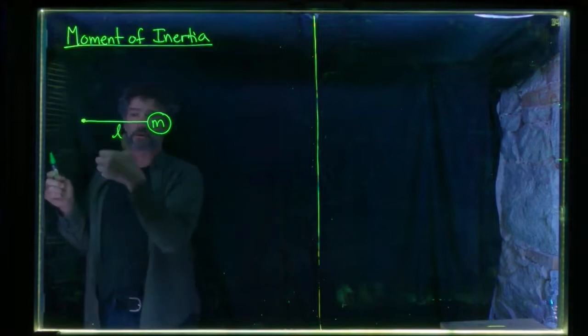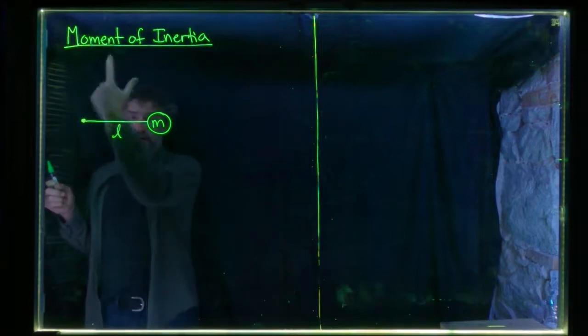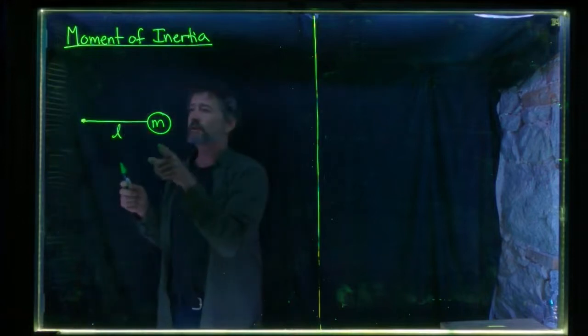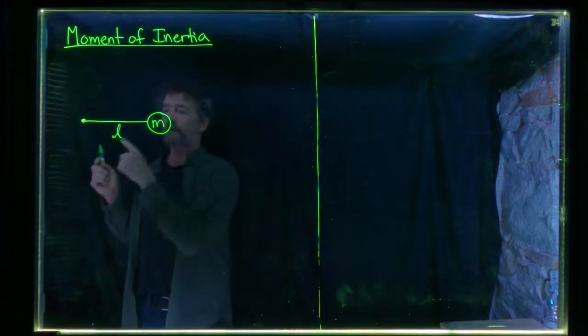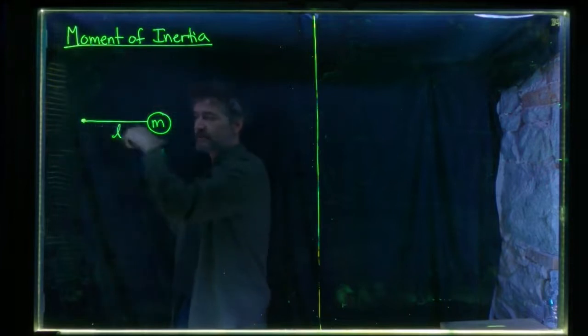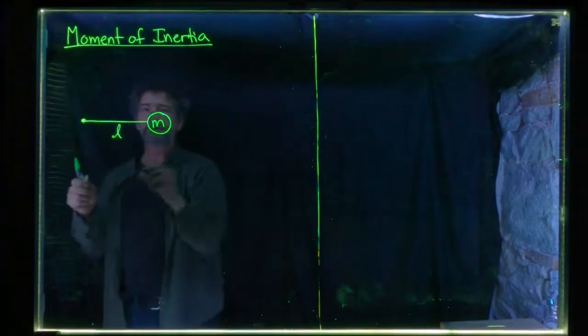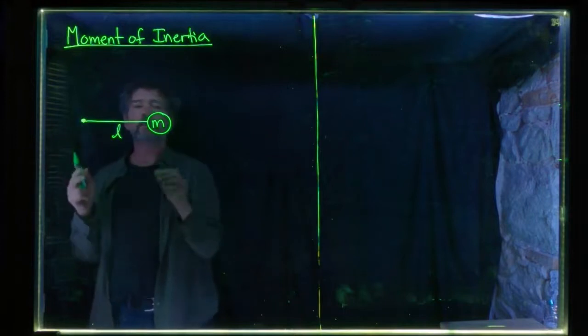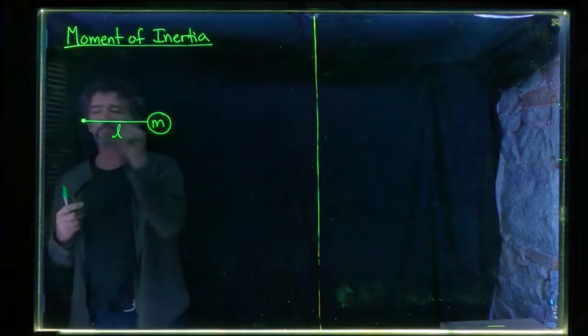If it's rotating like this, it's around a vertical axis. If it's rotating like this, then it's rotating around a horizontal axis. So we can rotate this elemental rigid body about any axis that passes through this pivot point.